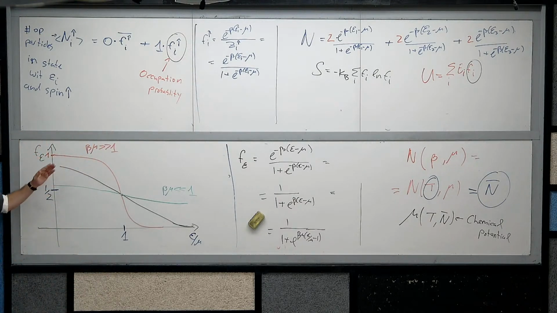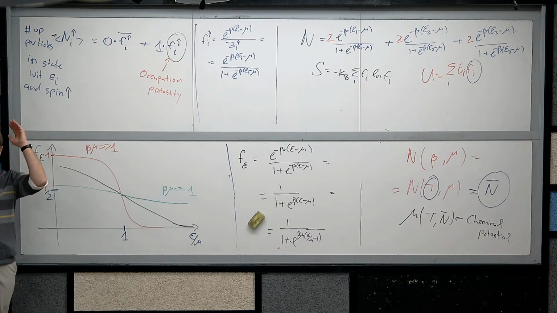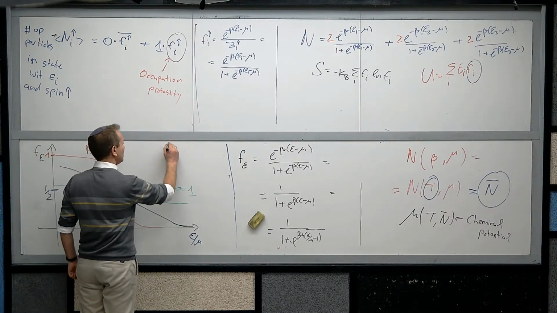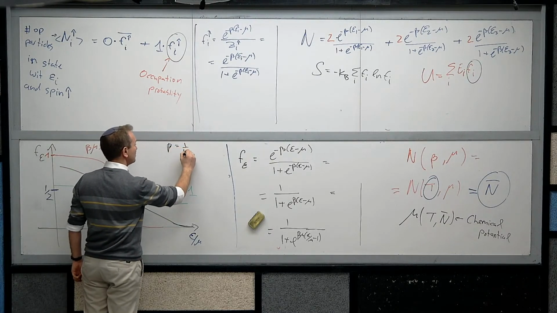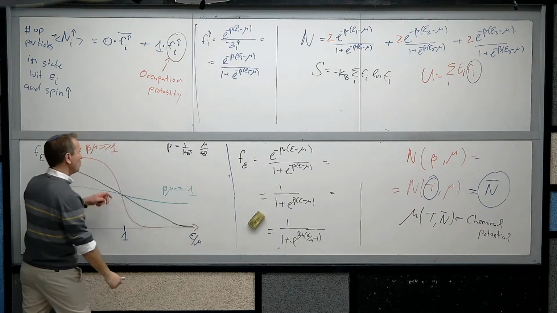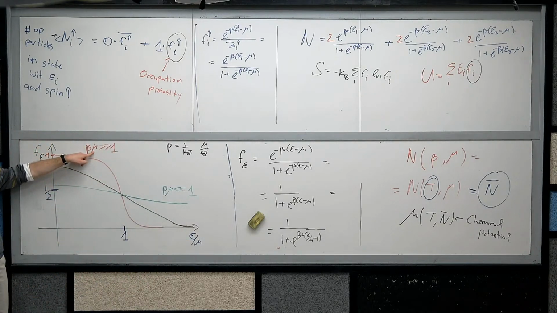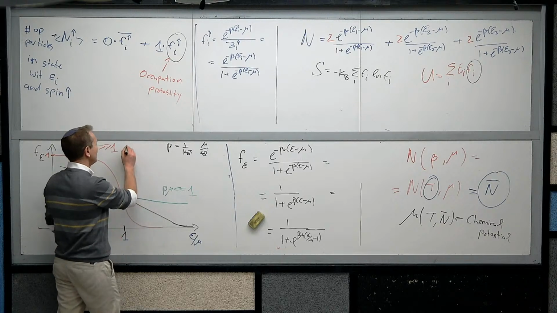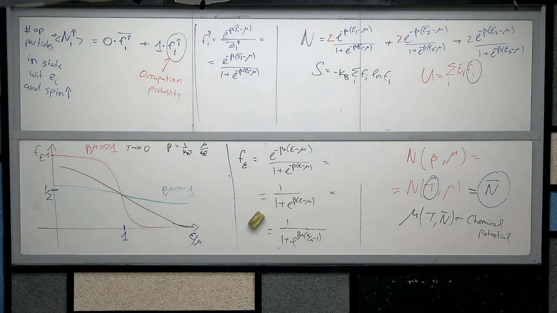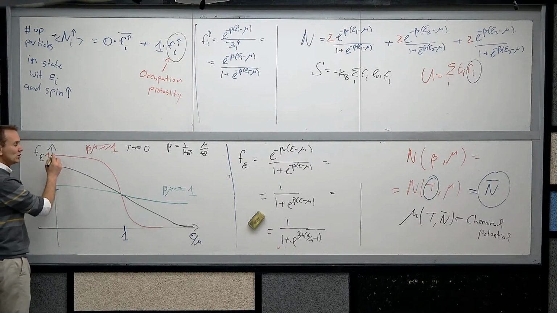Now, in the limit when beta mu is almost infinity, where beta is 1 over k Boltzmann T, so beta mu is mu divided by k Boltzmann T, when this relation is satisfied, when T goes to 0, we have a very sharp transition.